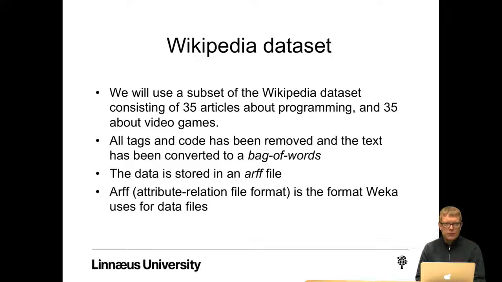All tags and code have been removed, and the text has been converted to a bag of words, and the data is stored in an ARFF file, short for attribute relation file format, the dataset format Weka uses. Weka can also use CSV files, which is a more common format.